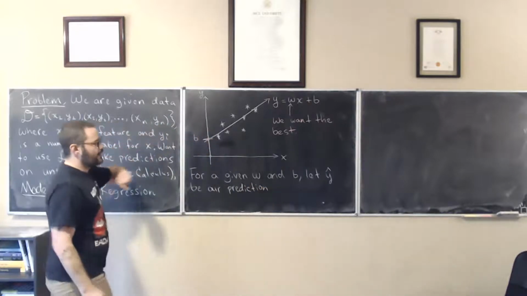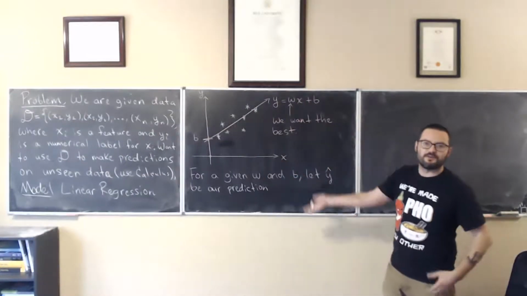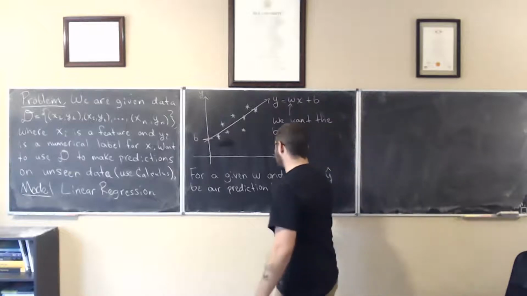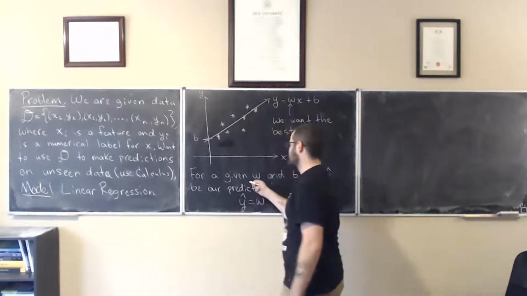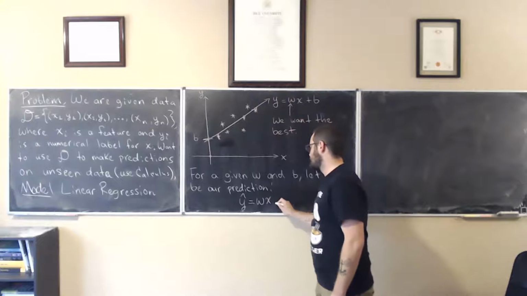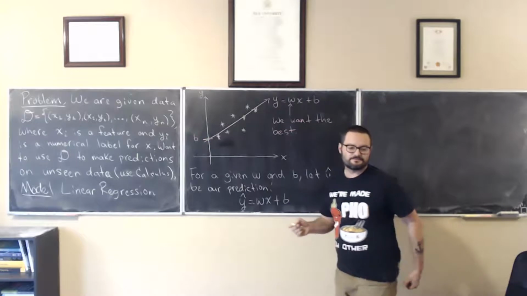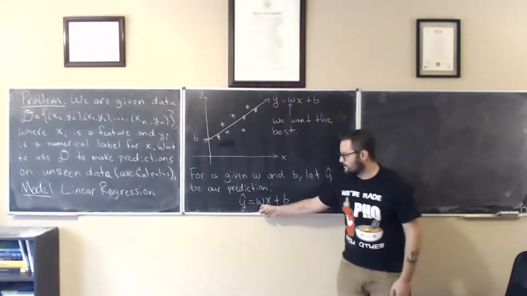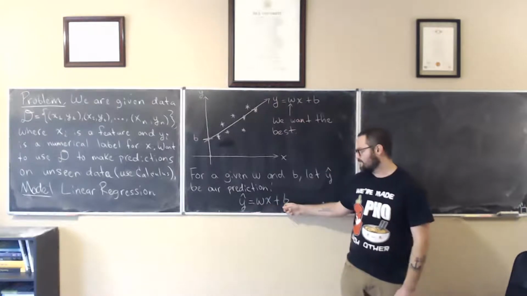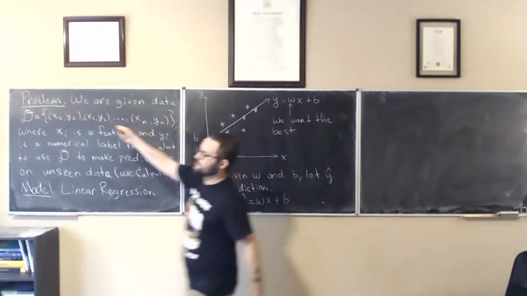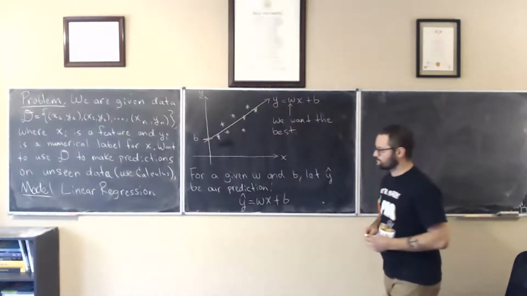So y hat is just supposed to be our approximation to what the points are, how high up they are, right? So in particular, what that means is that y hat is equal to the weight that we're looking at times x plus whatever intercept that we picked. Is that clear? And W is what we're going to move around a bunch of times. We're going to try to find the best W. That's fixed, and that's fixed for each of these points in there. And W is what we're going to learn to fix, right?